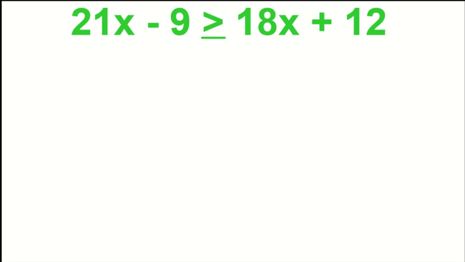So to start with, we got 21x minus 9 is greater than or equal to 18x plus 12.